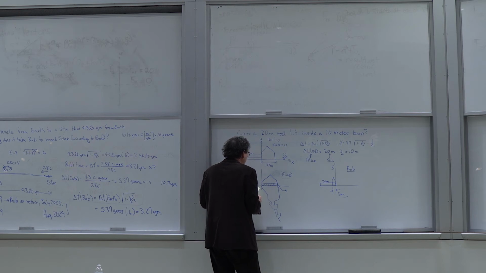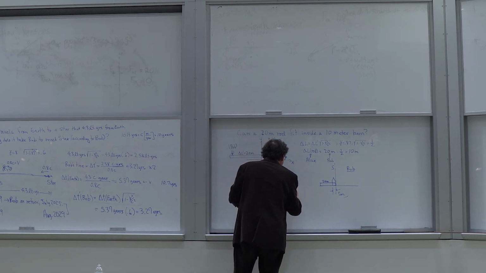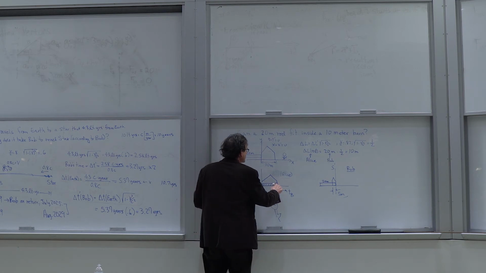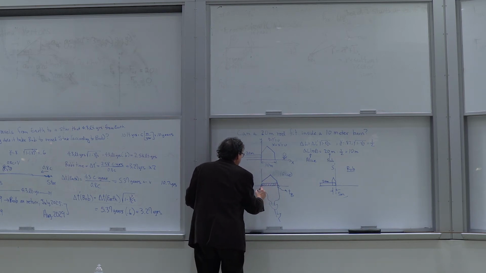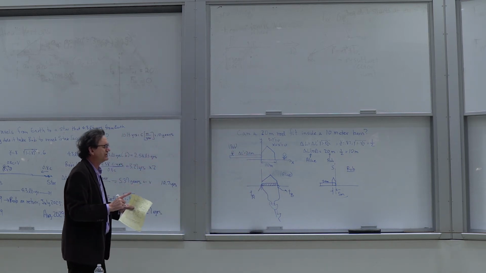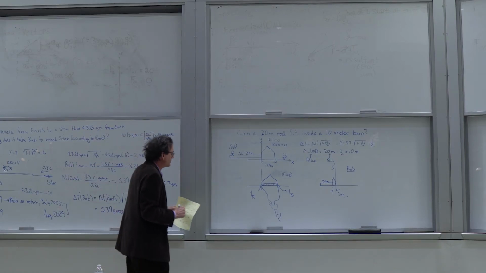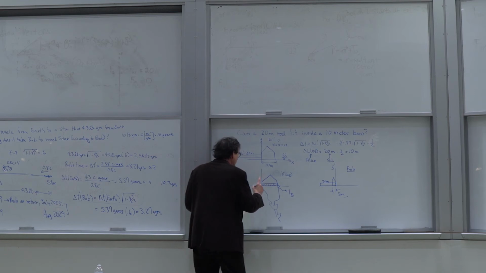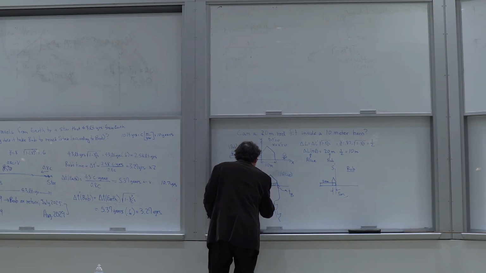We will call T sub b the time when the right end of the rod reaches the right end of the barn. And this side we will call T sub a. This is when the left end of the rod fits into the left end of the barn. That is the event T sub a, and it occurs at x sub a equal to 0.